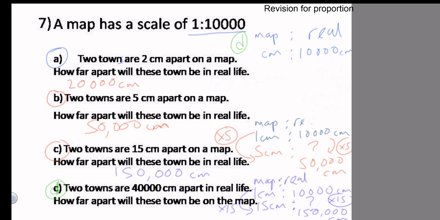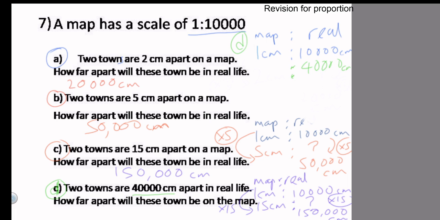Right, two towns are 40,000 centimeters apart in real life. So this is a different question now, slightly different. 40,000 centimeters in real life, it goes on this side. That's 40,000 centimeters in real life.